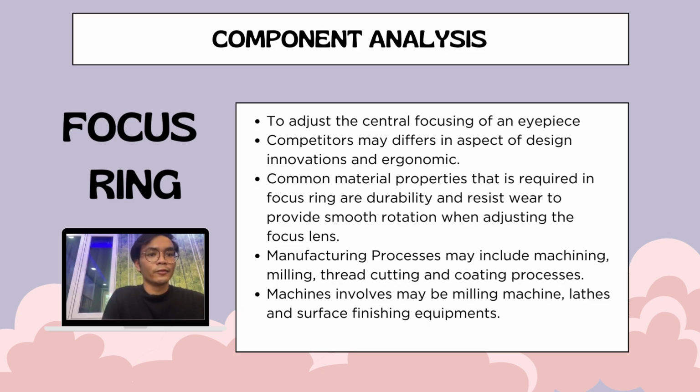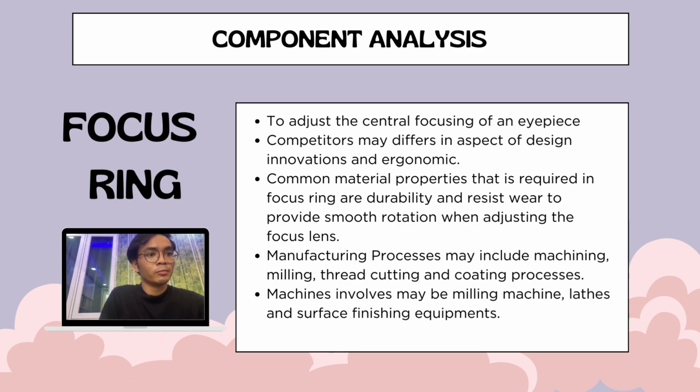Okay, now we have another part, which is the focus ring. In binoculars, the focus ring is mostly used for adjusting the central focusing for the eyepiece, which is the lens of the binoculars. In terms of competitors, we are usually concerned about design innovation and ergonomics of the focus ring.